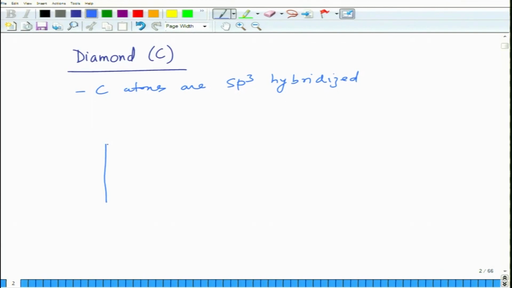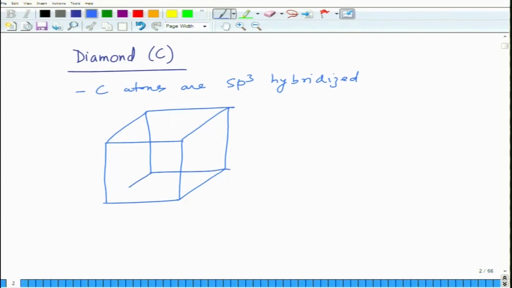So, for example, in case of diamond, if you make a unit cell of diamond, carbon atoms are arranged on the face centers of a cube, and then carbon atoms are arranged in such a fashion, so they are also present at the tetrahedral sites, but not all tetrahedral sites are present, otherwise you will violate the covalent bonding.